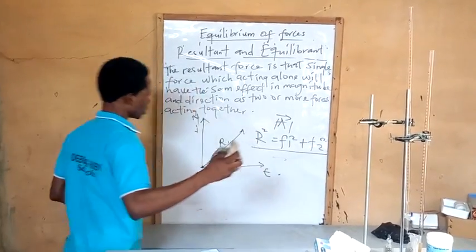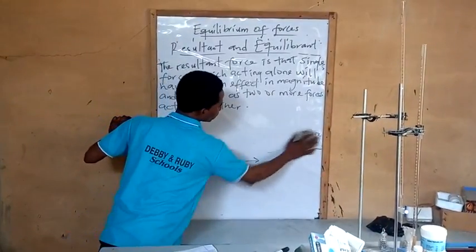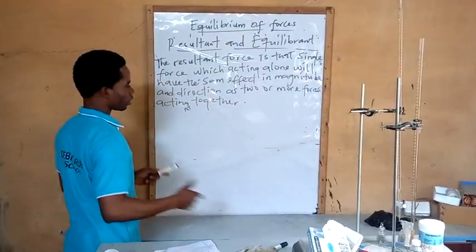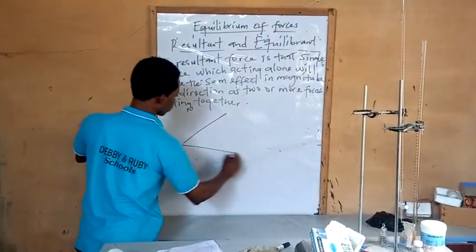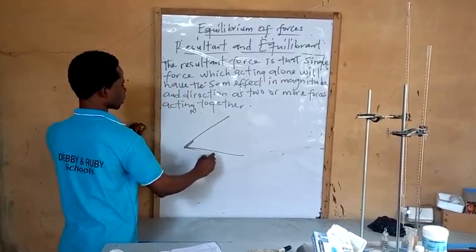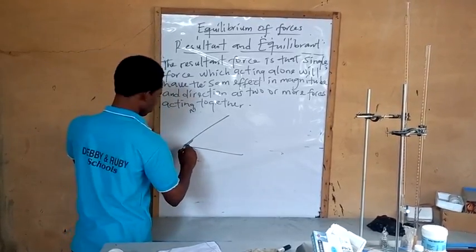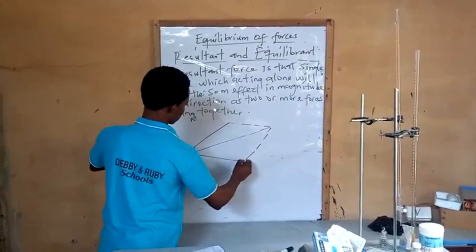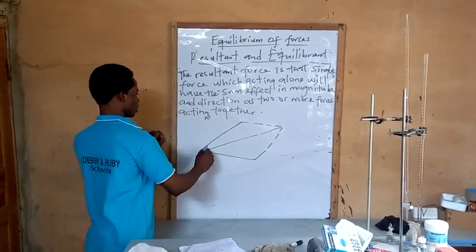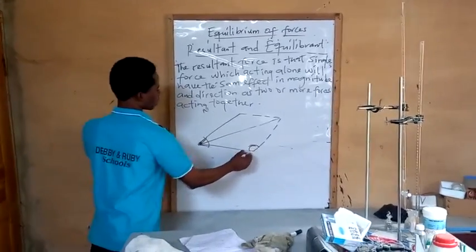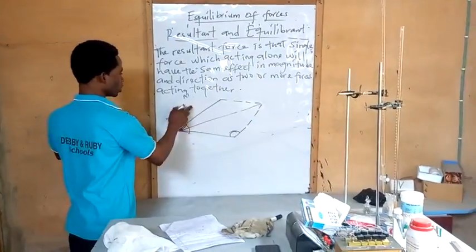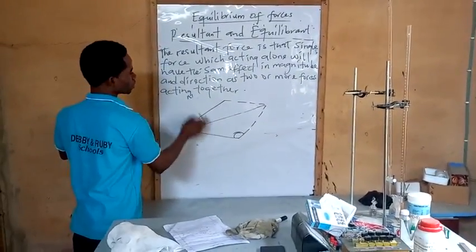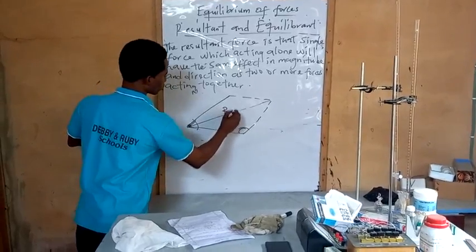If the angle is less than 90 degrees, we're going to explain that one in vectors later. This is an acute angle, less than 90 degrees. The resultant also will come from the middle, having the same effect as the two forces acting together. So these two forces represent the magnitude and direction, and this will be our resultant.